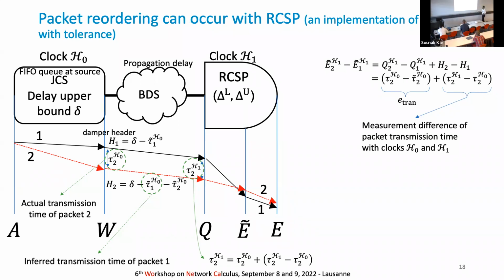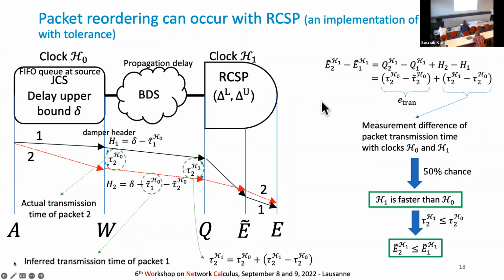So if it happens that the clock of H1, which is the damper, is faster than the one from the JCS, it simply says that the transmission time is smaller as seen from the damper than it actually is from the clock of the JCS. And it causes a reordering because the theoretical eligibility time of the second packet becomes smaller than that of the first packet.